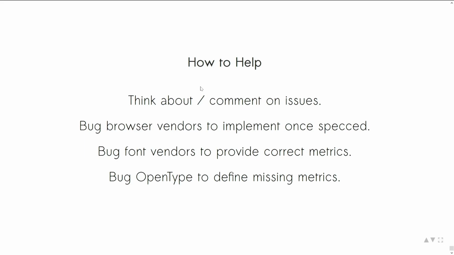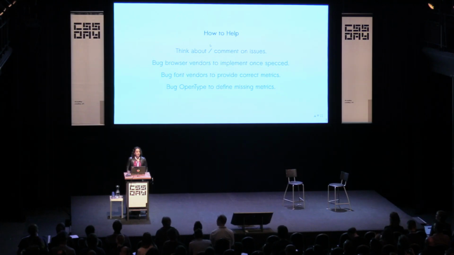Fonts are pieces of software too. They have bugs, and you can be like, hey, you have a bug. Your cap height is off, and my drop cap isn't working correctly. You can also, if you know anyone working on the OpenType spec, ask them to define the missing metrics and get worldwide support for drop caps. And that's the end of this presentation. And I would be happy to answer any questions you have.